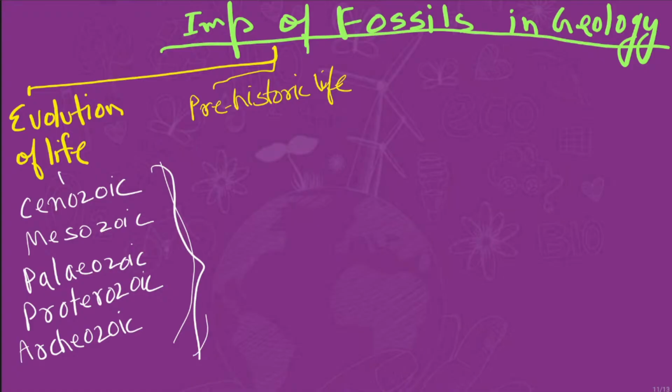Such organisms are left with no living representative. The fossils are a valuable source of information about the extinct organisms as well as biodiversity of the past. The gigantic dinosaurs, ammonites, trilobites, and woolly mammoths are examples of some extinct animals that are known today only by their fossil record.